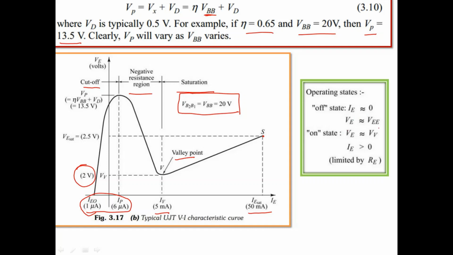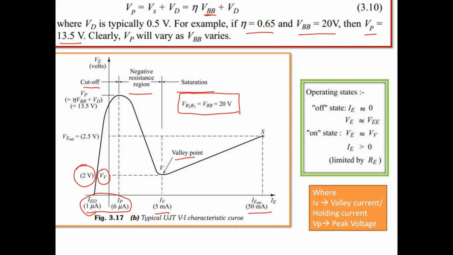When the UJT is in on state, VE becomes the valley voltage, VV. No matter how much you increase the current, the voltage will not move further. At that time IE is greater than 0, and it is limited by RE.